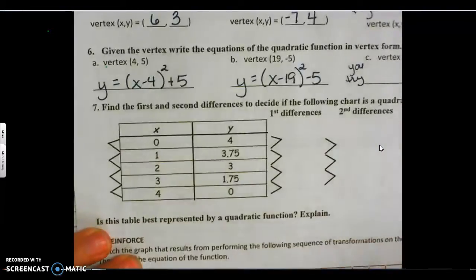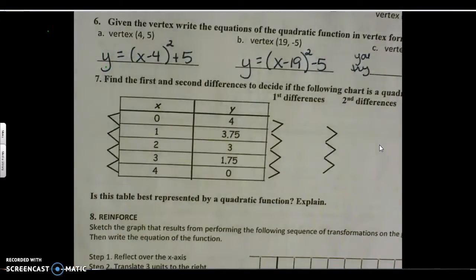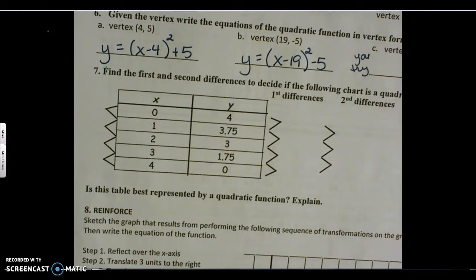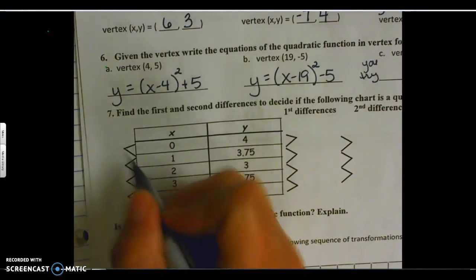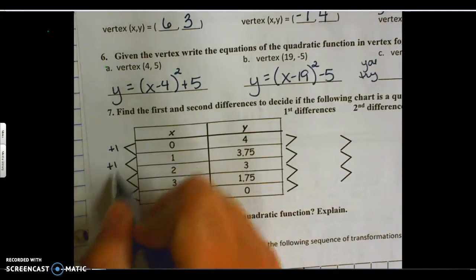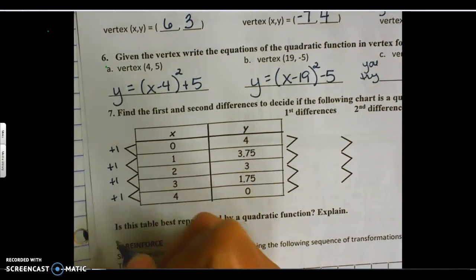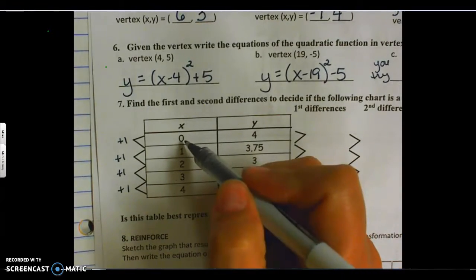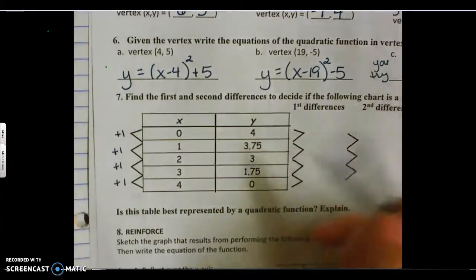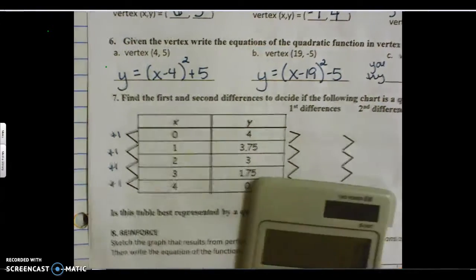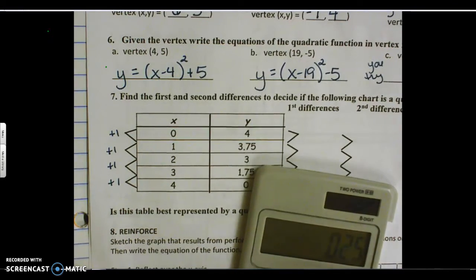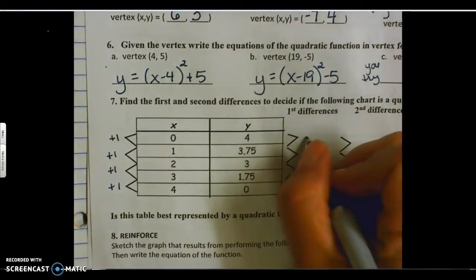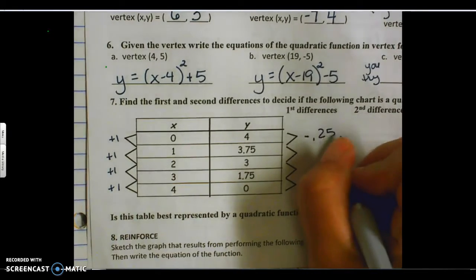Okay. So it says find the first and second differences and decide if the following chart is a quadratic function. So if you grab your handy dandy calculator, I know that this is plus 1, plus 1, plus 1, plus 1, because you go from 0 to 1, you add 1. So you take 4 minus 3.75, and that is 0.25.